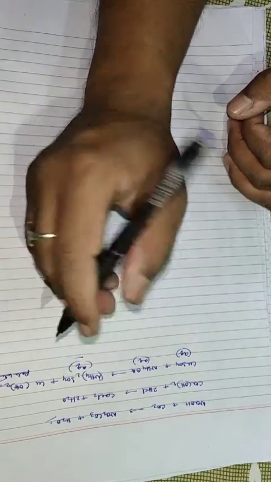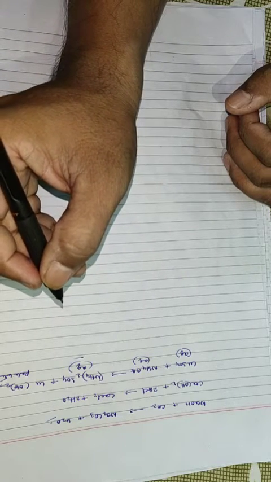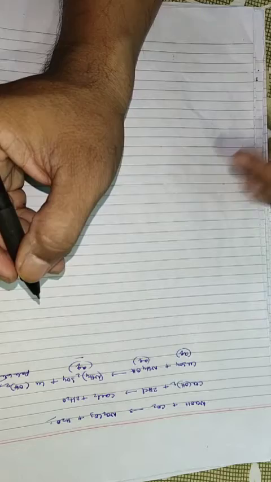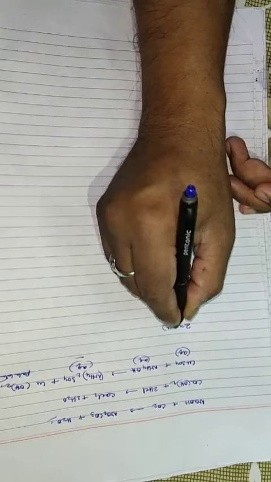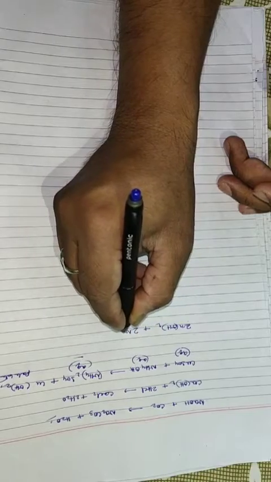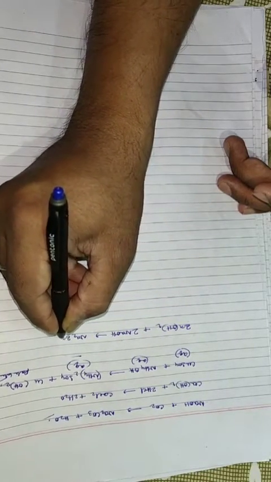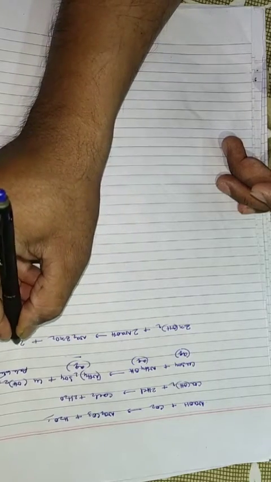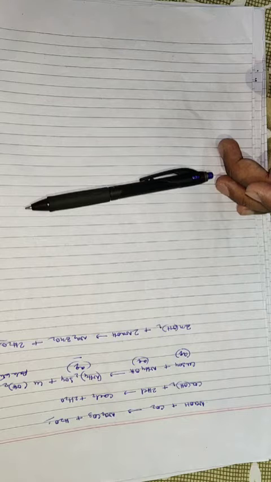Now, the hydroxides of zinc, aluminium and lead, being amphoteric by nature, dissolve in excess of NaOH to give a salt, that is sodium zincate plus water. But other hydroxides do not.